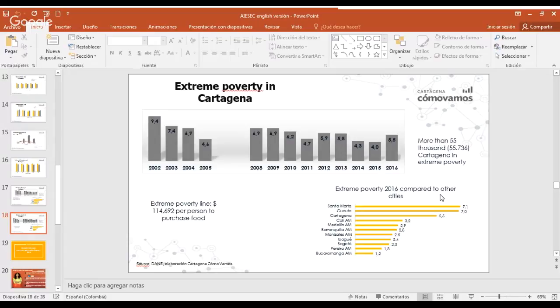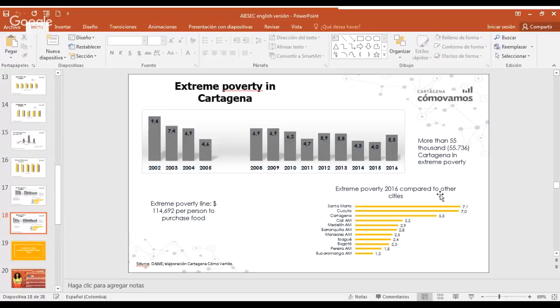It means that if one person spends less than $4 each month, they are in extreme poverty. In Cartagena, extreme poverty last year increased compared with 2015, and more than 50,000 Cartageneros were in extreme poverty. And compared with the main cities, it's still the third city with the highest level of extreme poverty.